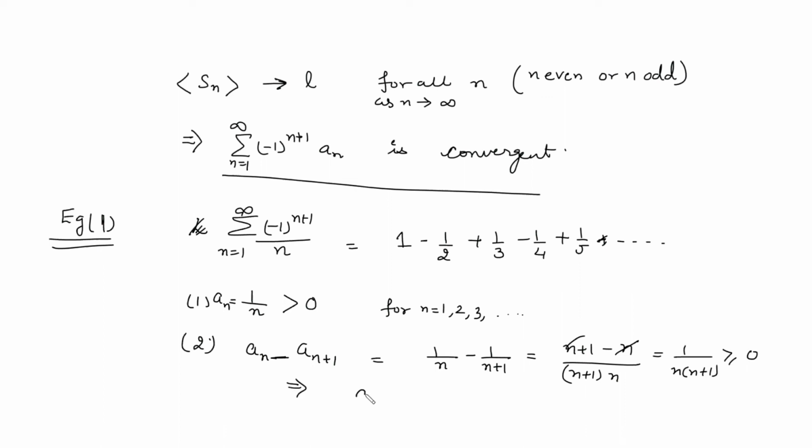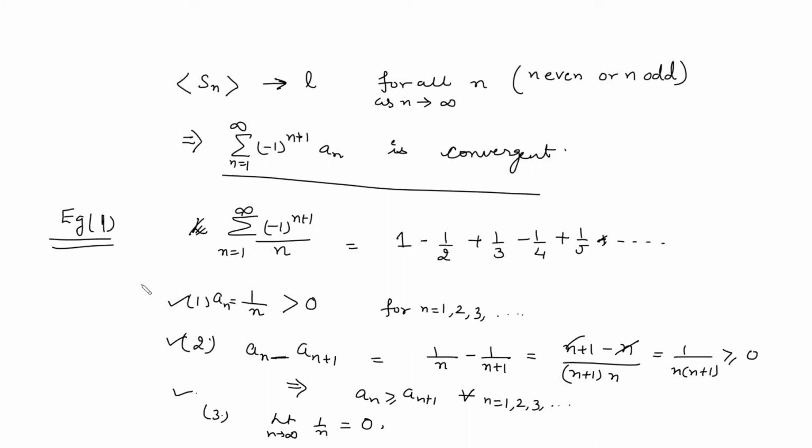Which implies an is greater than or equal to an plus 1, and this is true for every n varying from 1, 2, 3 and so on. So the sequence is decreasing. And the third condition, the limit as n goes to infinity of 1 by n, clearly is 0. So all the three conditions of the alternating series test are satisfied, so by using the alternating series test the given series is convergent.